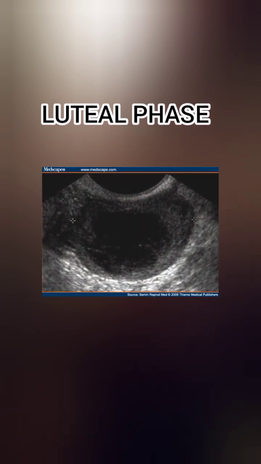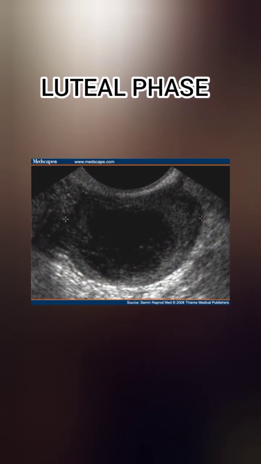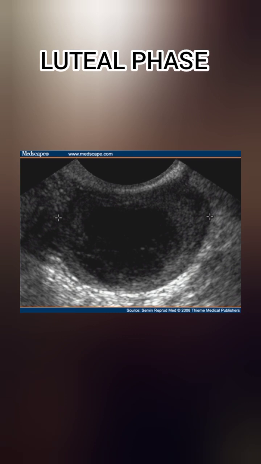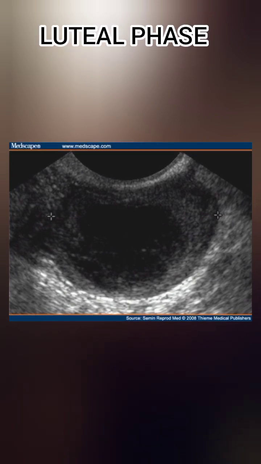Then the luteal phase of the ovary. This phase begins post-ovulation and has a 14-day lifespan. The corpus luteum grows for 7 to 8 days, secreting increasing amounts of progesterone as well as a small amount of estrogen. If the ovum is fertilized, the corpus luteum will continue to secrete progesterone.